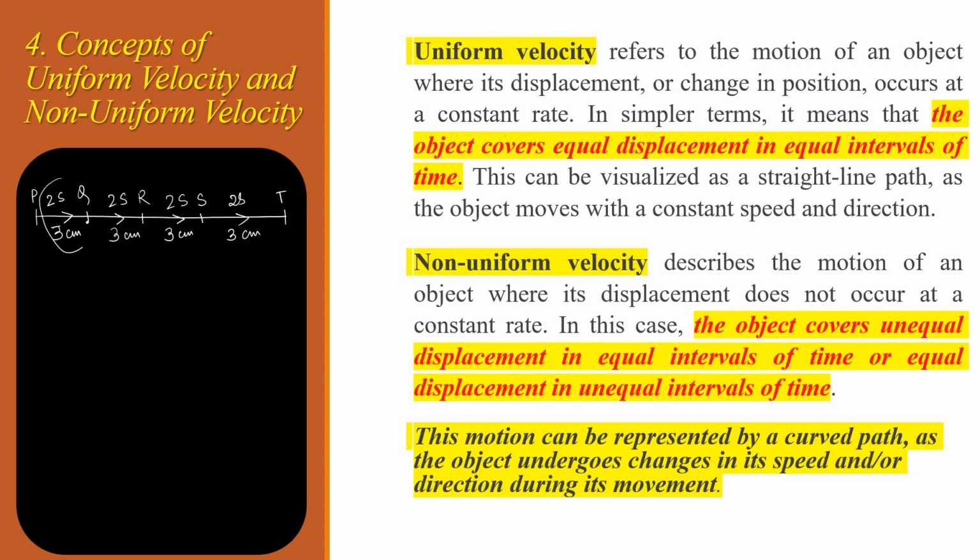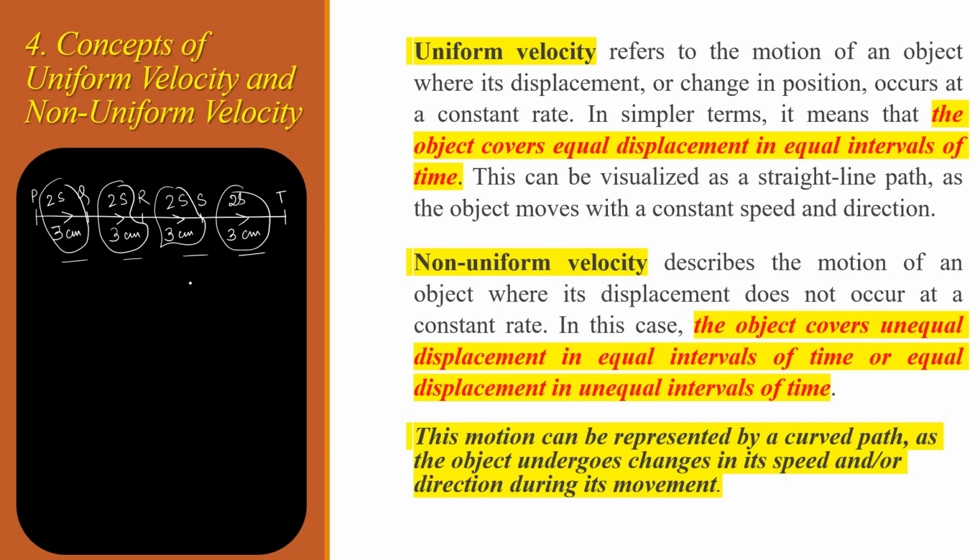So here equal displacement is covered in equal interval of time. In each of the cases equal displacement is covered in equal interval of time. So the motion of the object is uniform, or the velocity of the object is uniform.